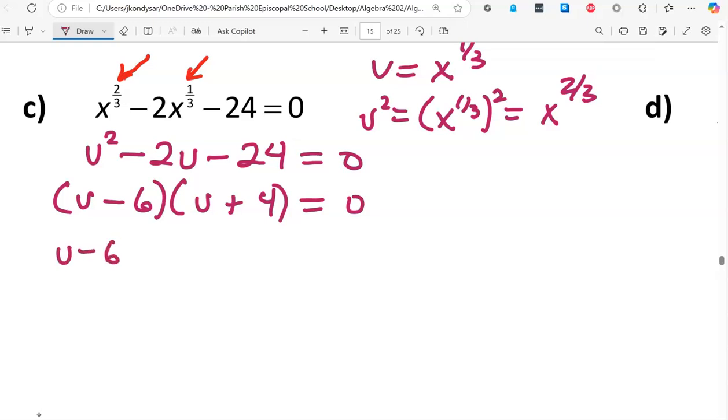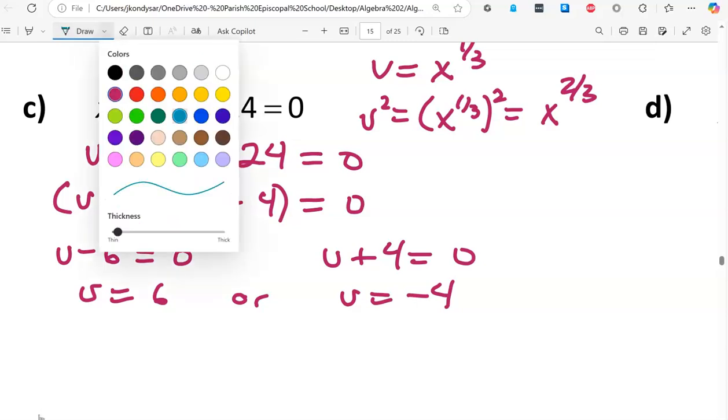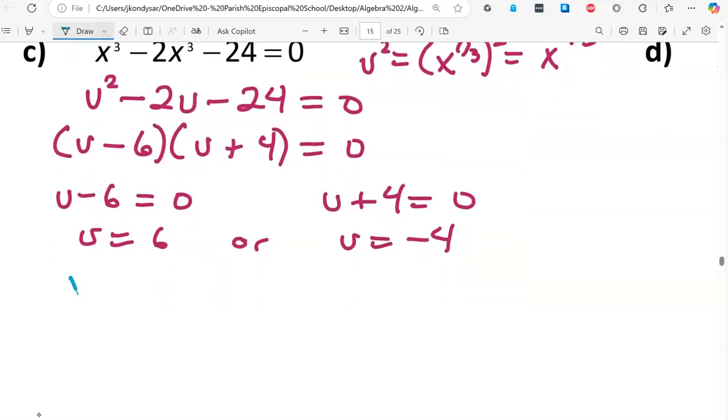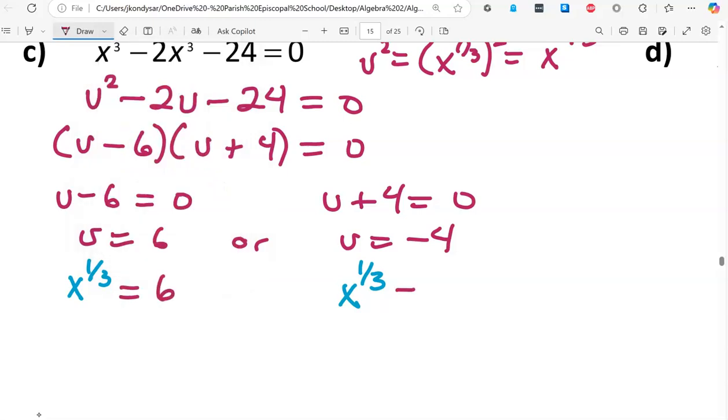If u minus 6 is equal to 0, then u equals 6. Or if u plus 4 is equal to 0, then u is equal to negative 4. We've got to do our back substitution step, and that's x to the 1/3 is equal to 6, or x to the 1/3 is equal to negative 4.